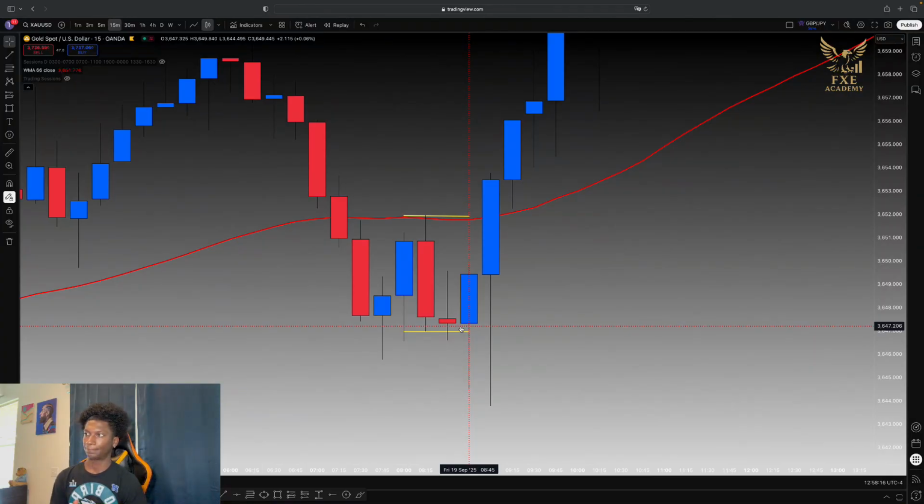So we marked off the high and the low. And if price breaks above a high, price will go higher. But if price breaks below a low, price will go lower. So I essentially use the candlestick's highs and lows to tell me which direction or trend price is following.